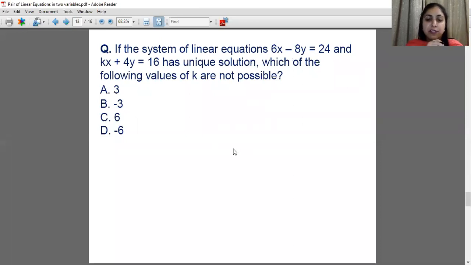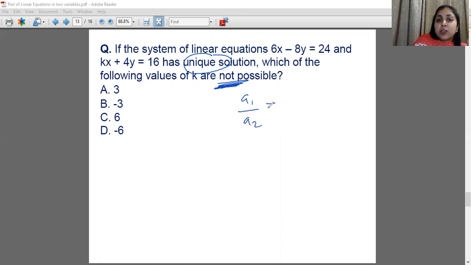Now, a very important question. System of linear equations has unique solution. Which of the following values of k are not possible? Here is a catch in the question. For unique solution, we know that a1 upon a2 is not equal to b1 upon b2.